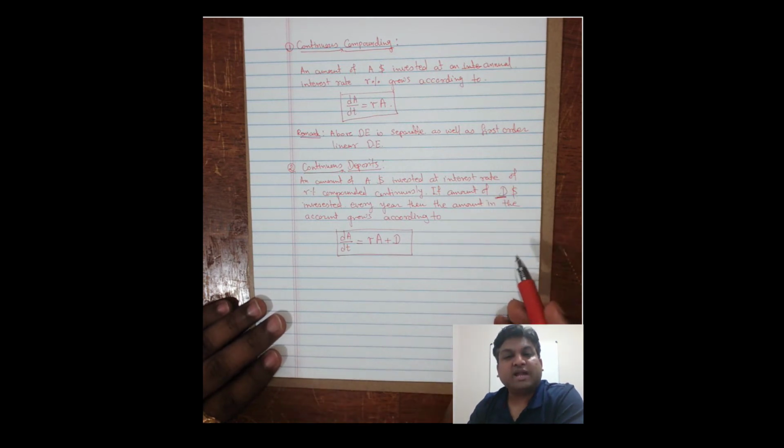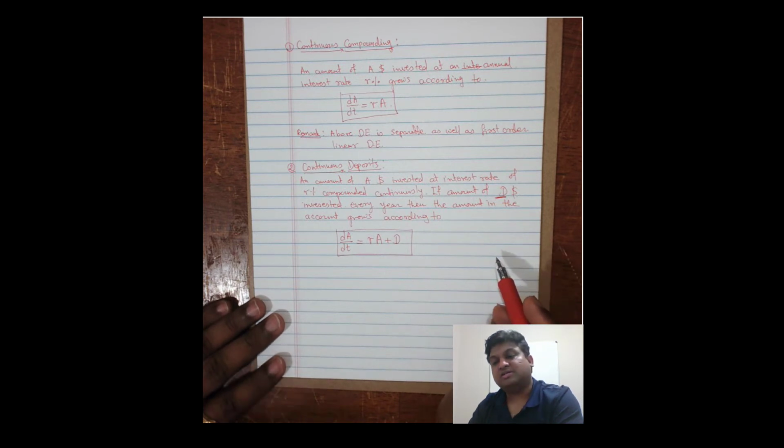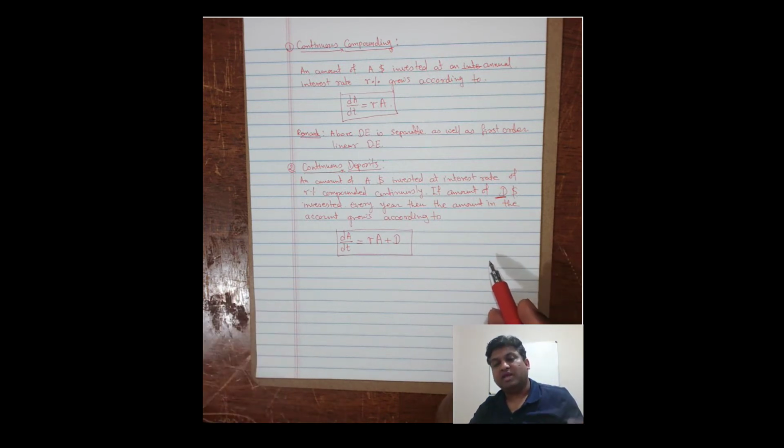Let's think about a slightly more interesting case, very similar to number 2. Suppose instead of making a continuous deposit, somebody makes a continuous withdrawal. How do we write the modified differential equation? Fairly easy, no? Instead of plus D, you would do minus D. A very typical example: somebody wins a lottery of $1 million.